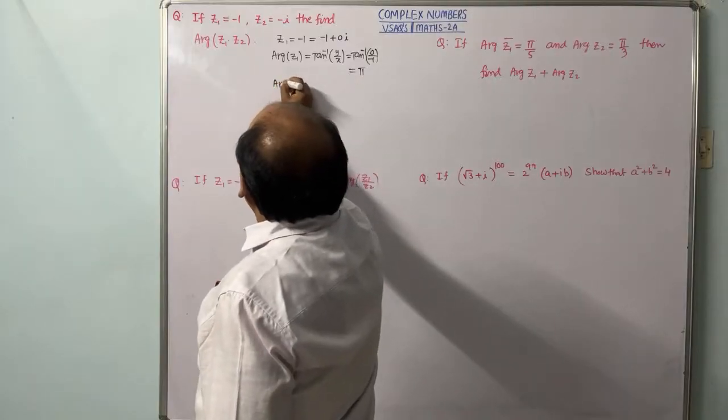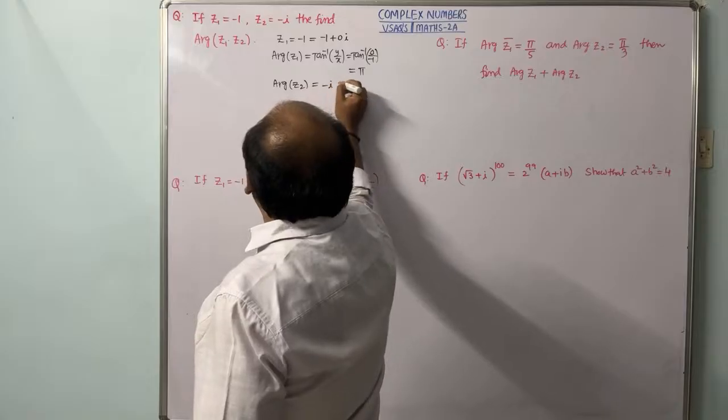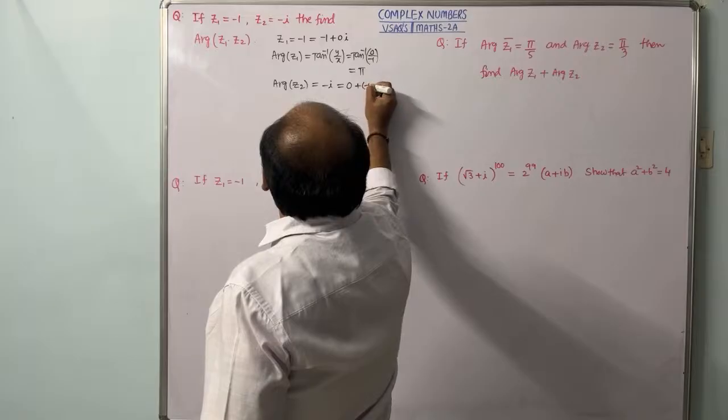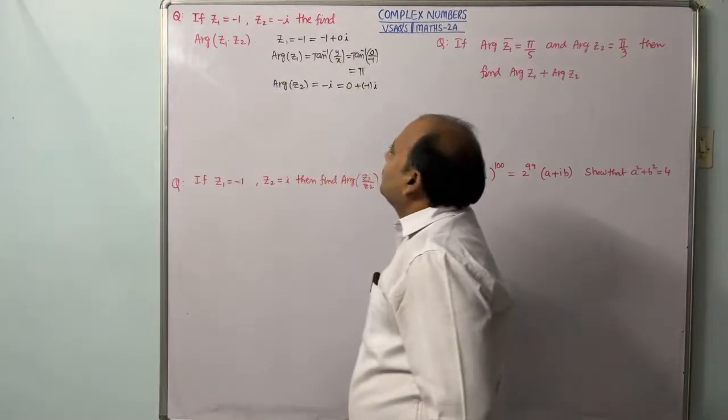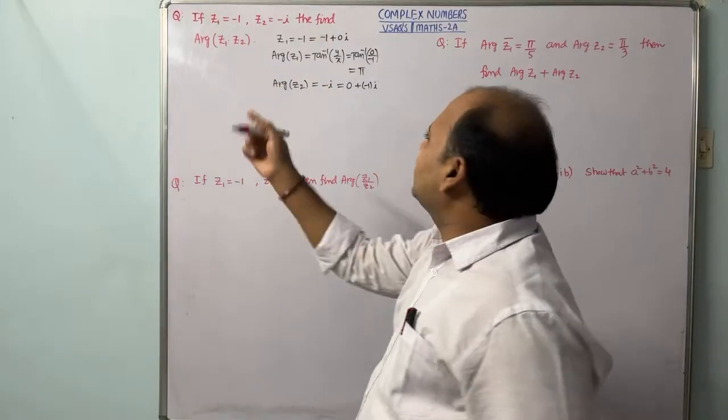Now argument of z2. Minus i, we can write as 0 plus minus 1 into i. Otherwise we can write this in cos theta plus i sin theta form also.